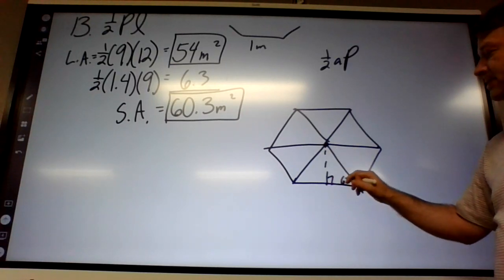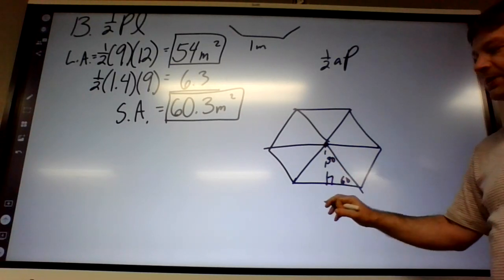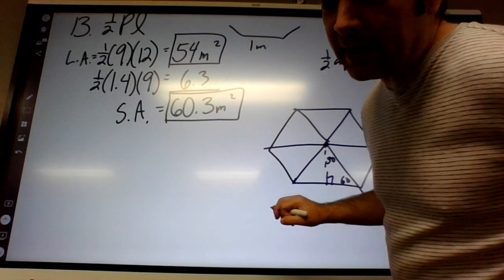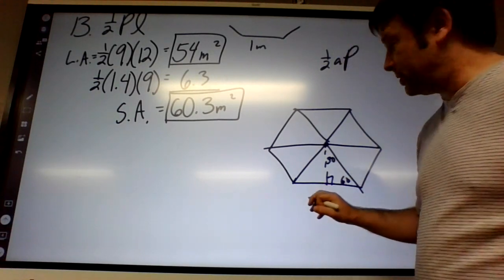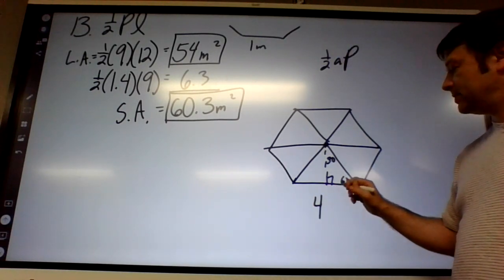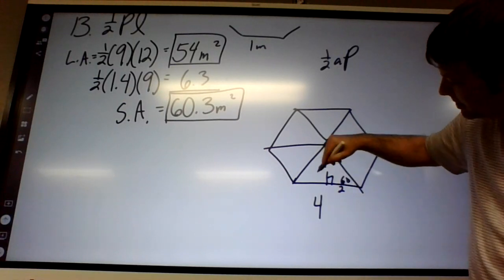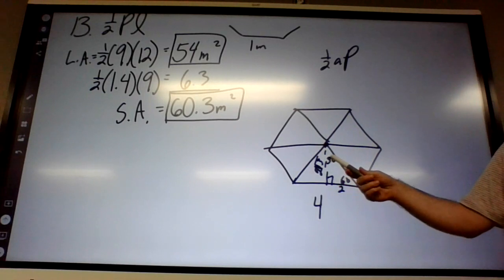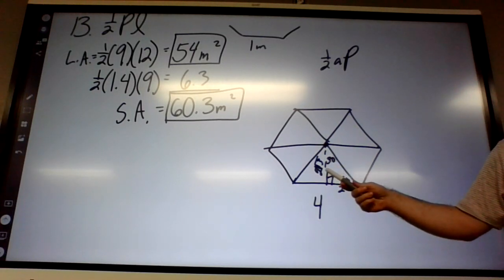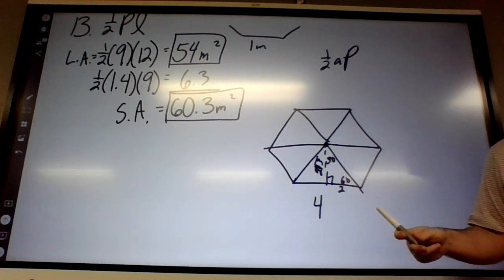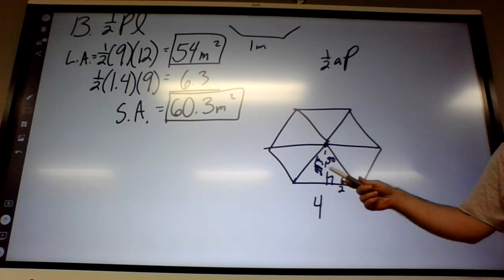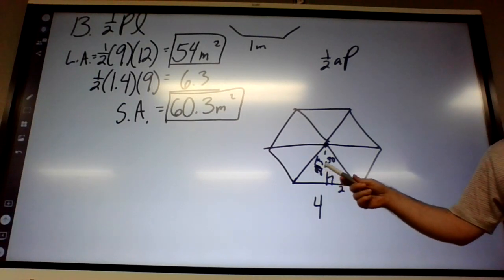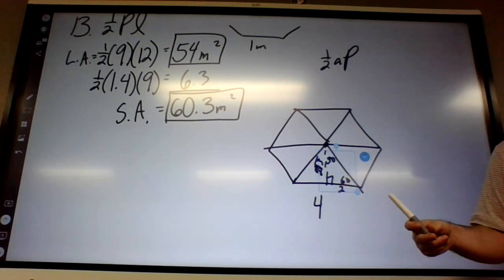So, if this is 4, that's going to be 2, and 2 square root of 3. So your apothem on number 14 is 2 square root of 3.